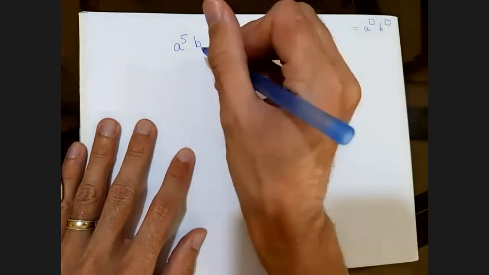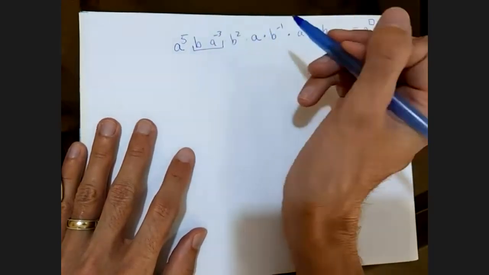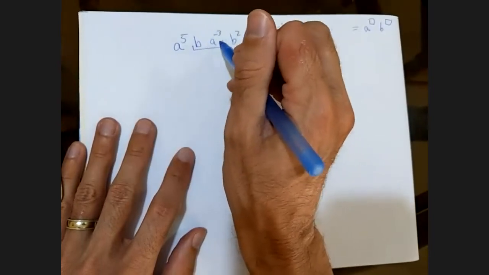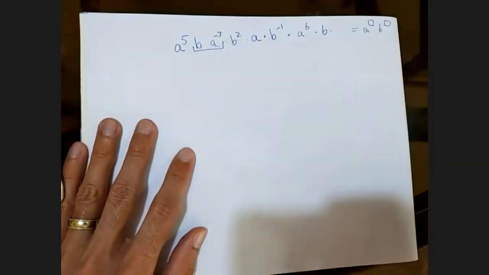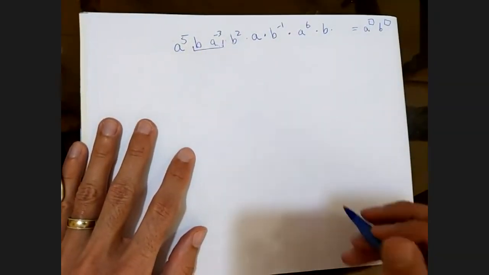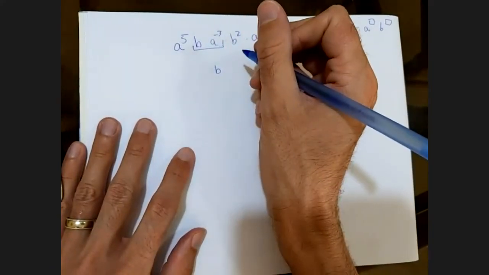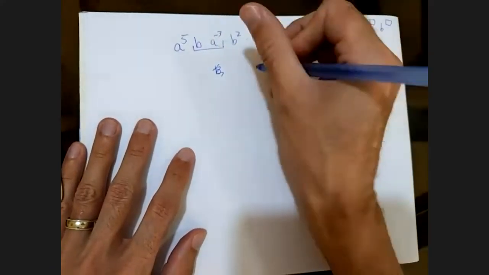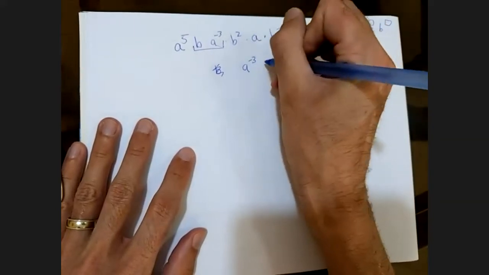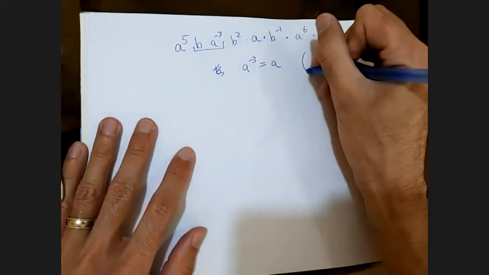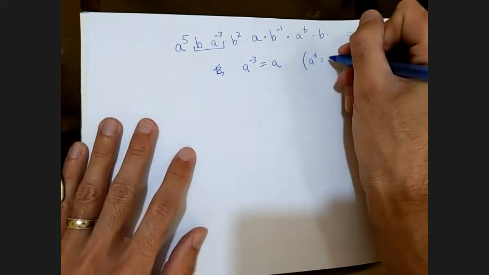Okay, so we can start with this. This B needs to switch with this A to the minus 3. So first of all, A to the minus 3 is A. Why is that? Well, A to the 4th is the identity.